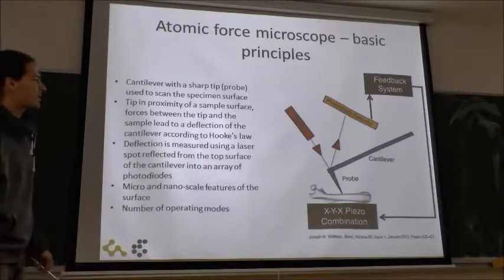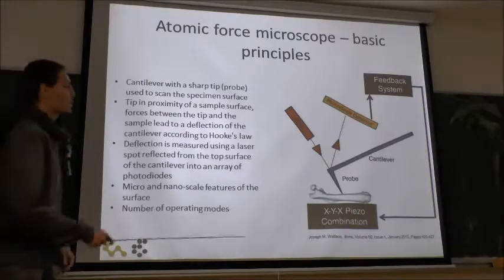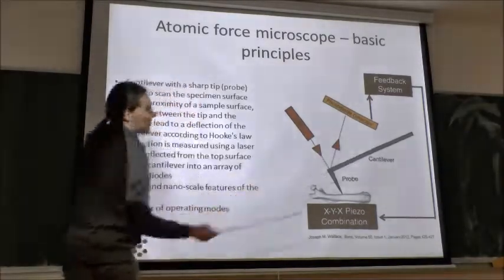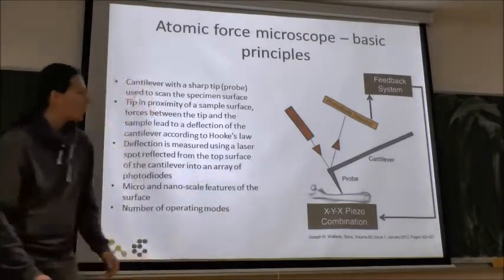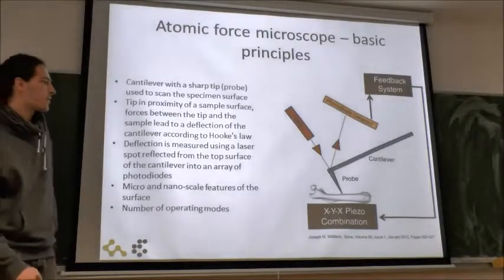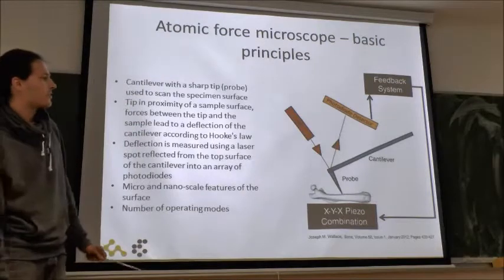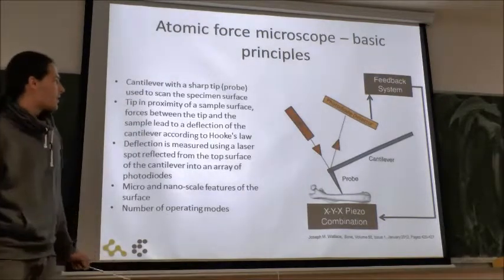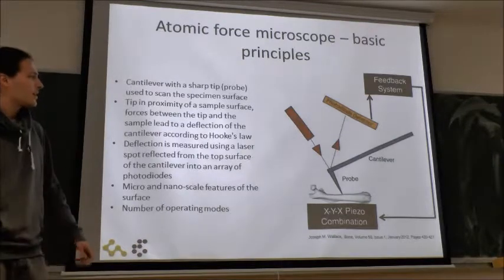So here is the scene, how it looks. We have a cantilever. It's a silicon chip, and then we have a probe at the end of this cantilever, with which we observe the sample. So what detection system do we use?